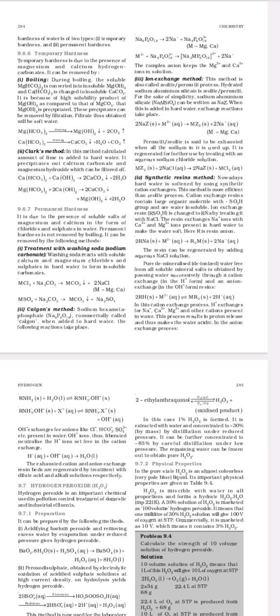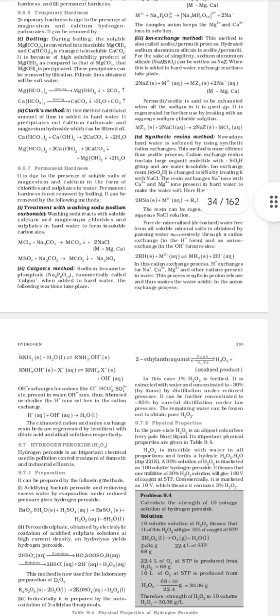Pure demineralized, deionized water, free from all soluble mineral salts, is obtained by passing water successively through a cation exchange resin in the H+ form and an anion exchange resin in the OH- form. In the cation exchange process, H+ exchanges for Na+, Ca2+, Mg2+ and other cations present in water. This process results in proton release and thus makes the water acidic.